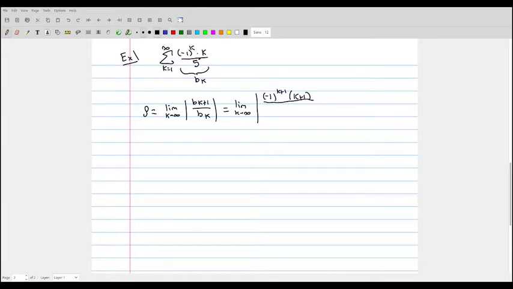We'll make this 5 to the k. So it's over 5 to the k plus 1. That's the k plus first term in the series. This is divided by then negative 1 to the k times k over 5 to the k.